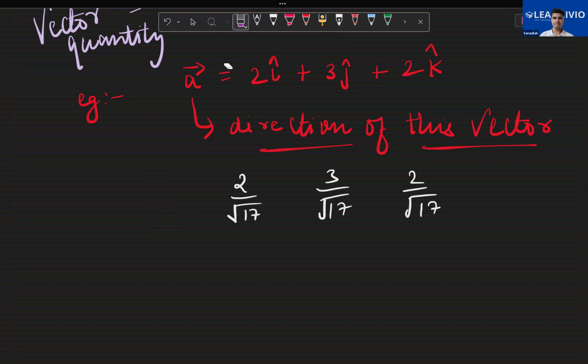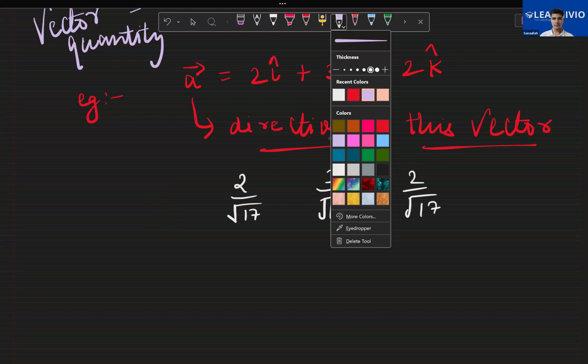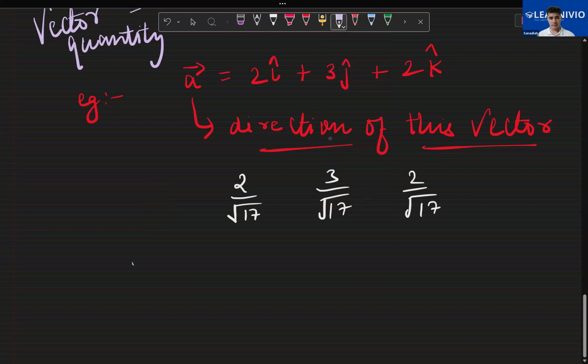So how will you write this answer? This is not the correct format. Like 2 I cap by root 17, 3 J cap and 2 K cap.